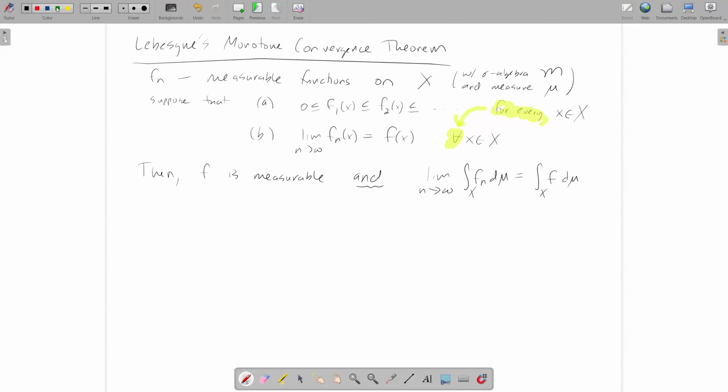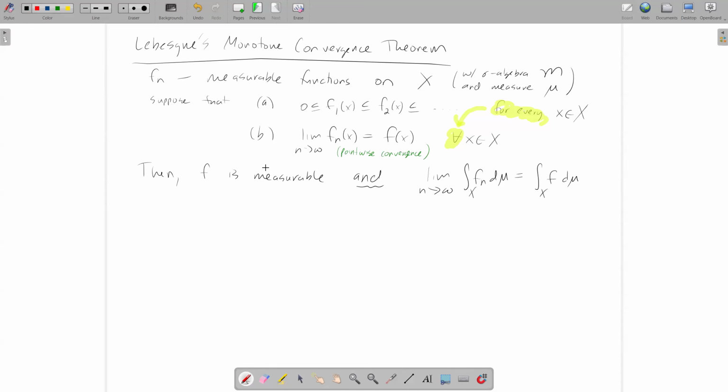And I should note here that this is pointwise convergence. Generally, when you're dealing with Riemann integrals, you kind of need uniform convergence for good things to happen.